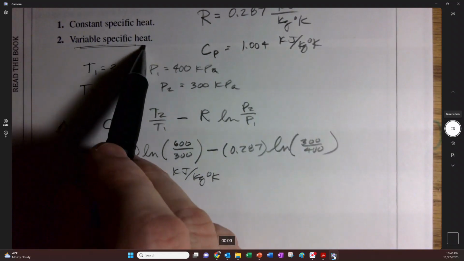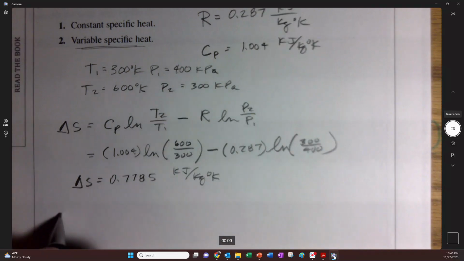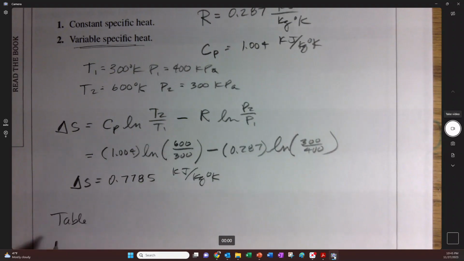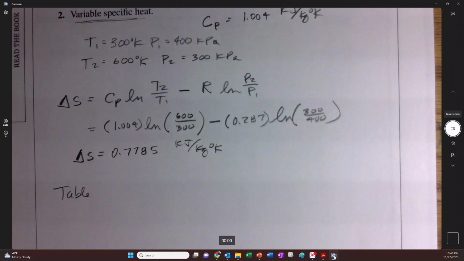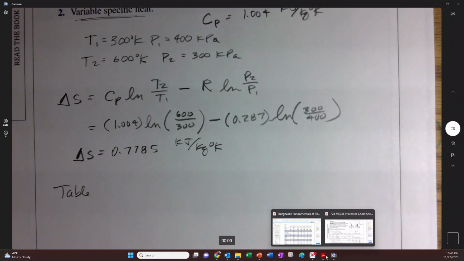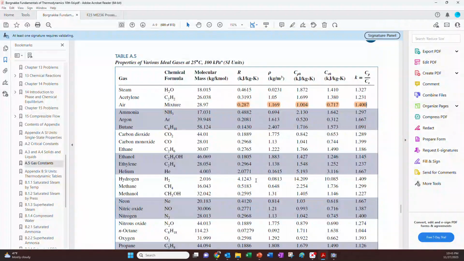So I have to decide, is this a good enough approximation? Let's try it with the variable specific heat. This is air, so let's take a look at which table we need to use.